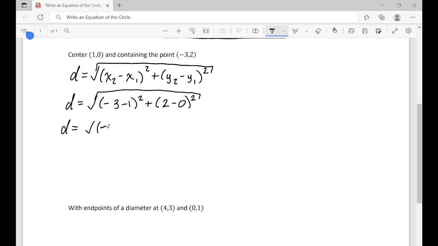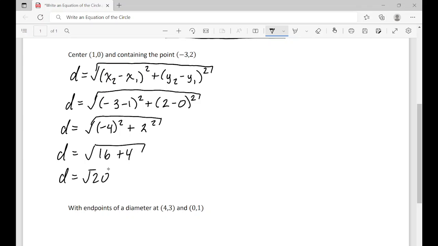I'm going to get √((-4)² + 2²), and that's going to give me √(16 + 4), which is just √20. Now I can reduce the square root of 20 if I wanted to, but in this case I'm not going to, and you'll see why in a second. Just remember that this distance is my radius r.